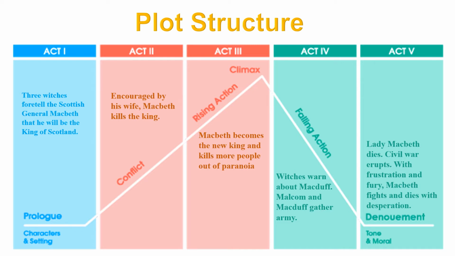That means they indirectly tell him that he won't be murdered by a man born of a woman, and he cannot be vanquished until the Birnam forest moves towards Dunsinane hills. Such impossible events would never happen.